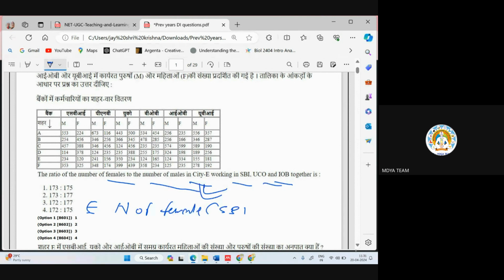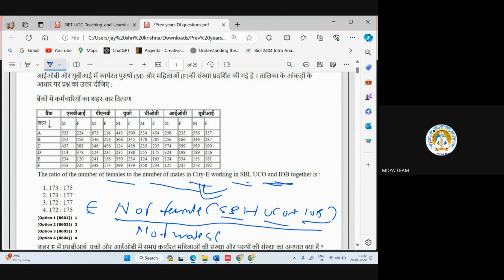The ratio of the number of females to the number of males. First, the number of females working in SBI, UCO plus IOB, to the number of males working together in SBI, UCO, and IOB. So first we have to calculate the total number of females working in SBI, UCO, and IOB. Which numbers do we have to add?